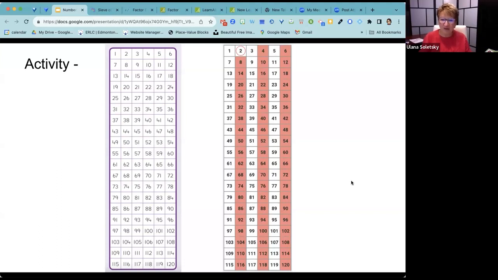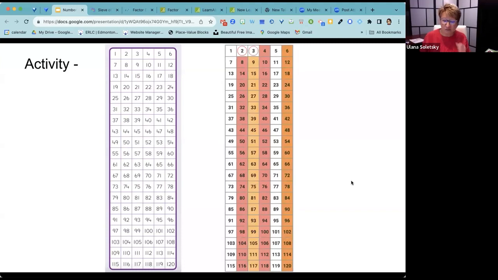And so here are all of the multiples of 2 colored in. Okay, so the next prime number is what? 3. So when I color in all the multiples of 3, this is what happens. Now, are you noticing anything?